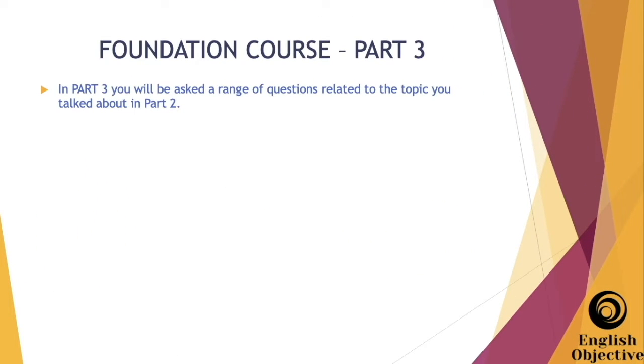Alright guys, so you know that in part 3 you will be asked a range of questions related to the topic that you have to talk about in part 2. So if the monologue is about traveling, then part 3 questions will be related to traveling. So you know by now the most frequent topics in the IELTS speaking tests.